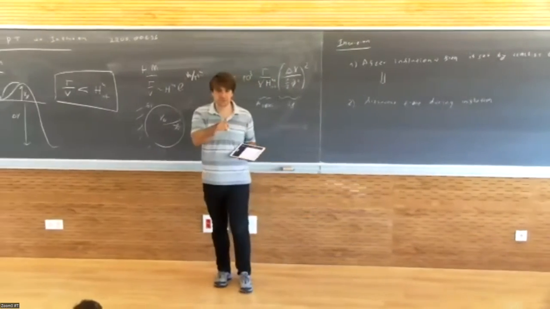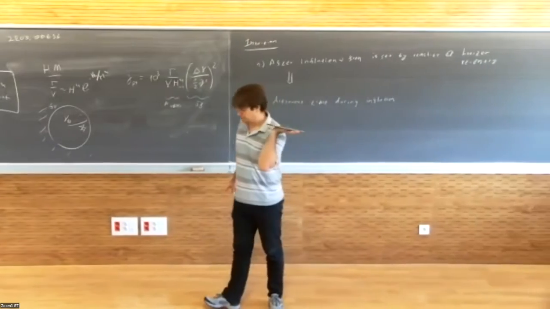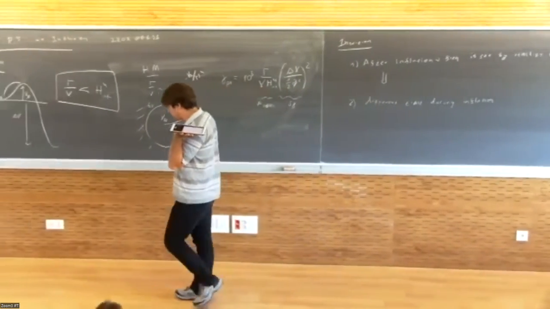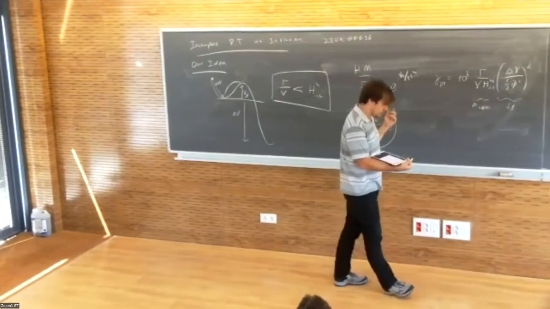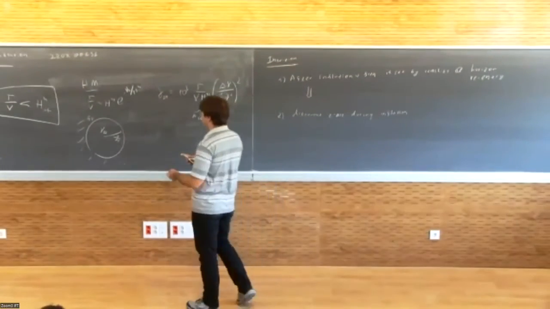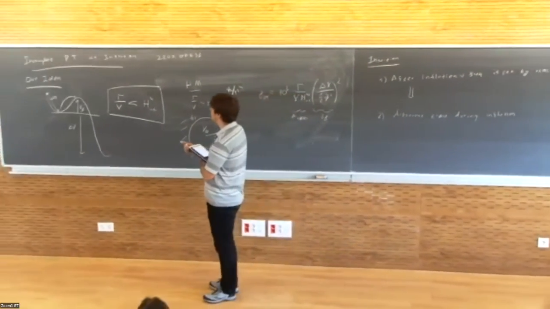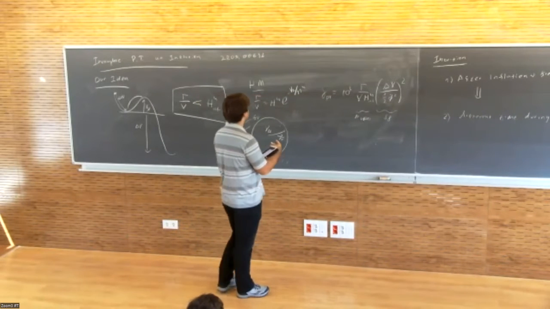Yes, there was a question. Why is the inflaton energy given by its kinetic term? That's a good question. Let me think about this. How do I want to explain this?